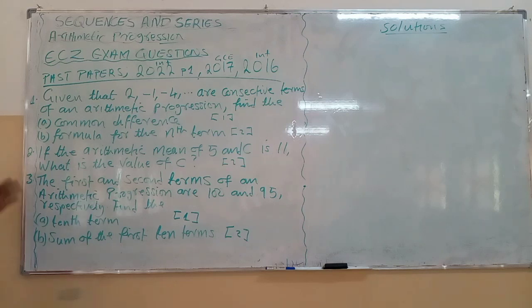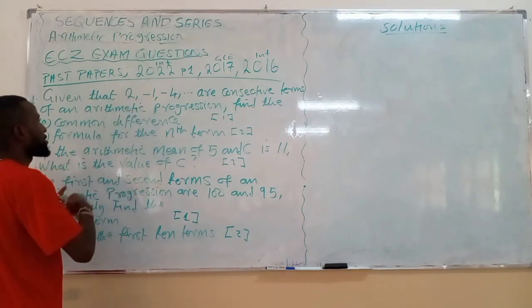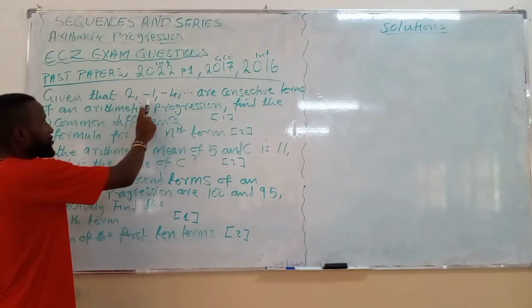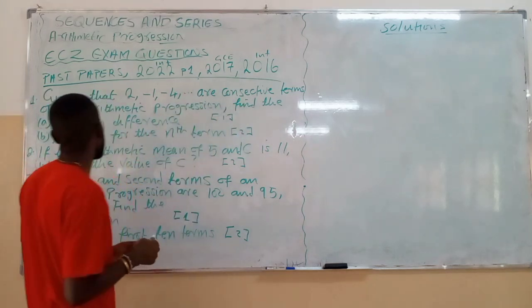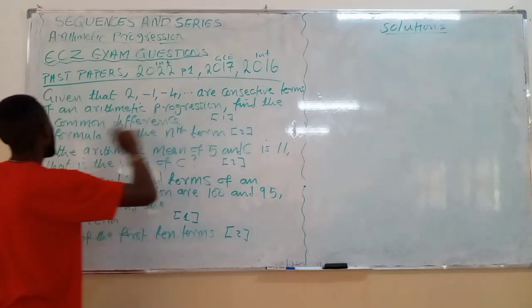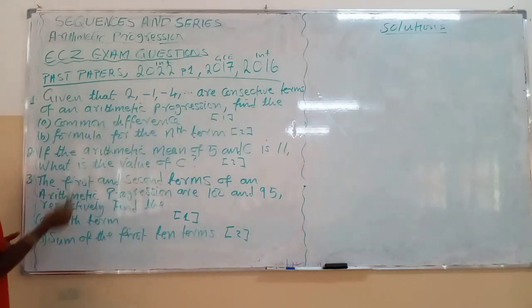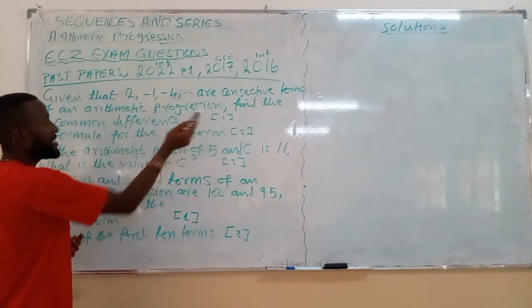2022 paper 1 question. Given that 2, -1, -4 are consecutive terms of an arithmetic progression, find A, the common difference, B, the formula for the nth term.